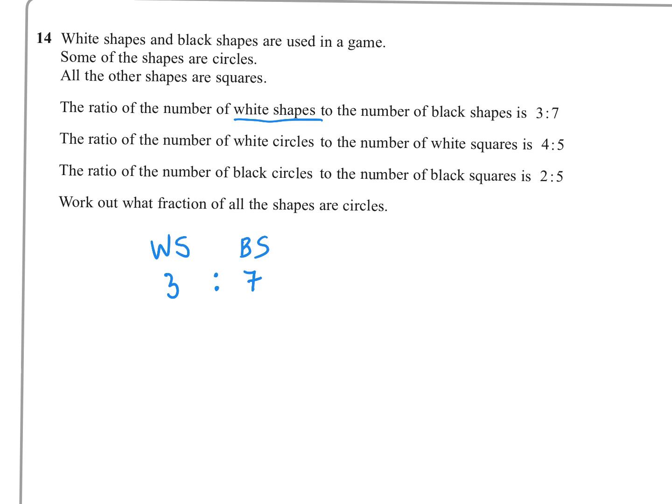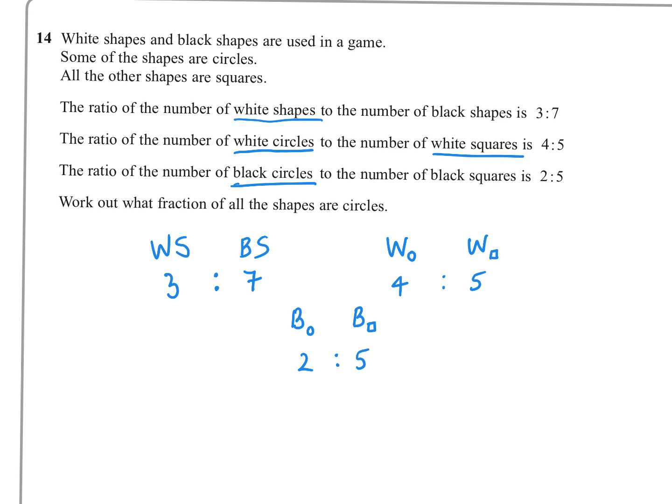The ratio of the number of white circles to the number of white squares is 4 to 5, and black circles to black squares is 2 to 5. So we have to work out what fraction of all of the shapes are circles.